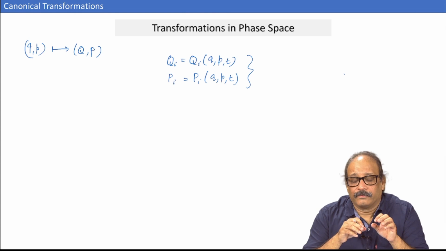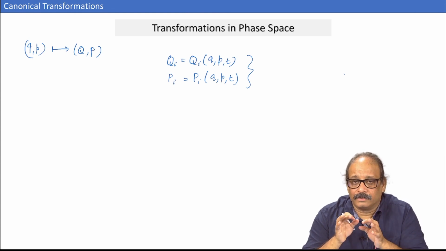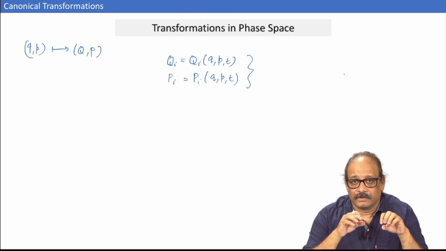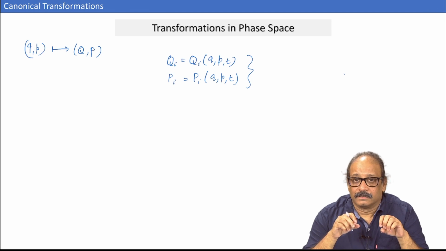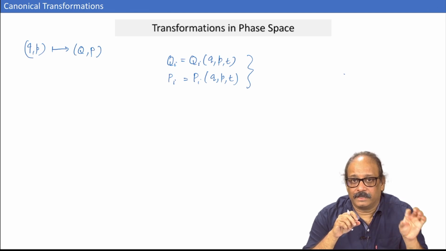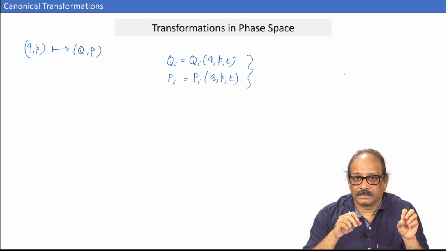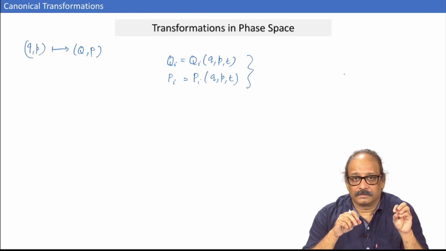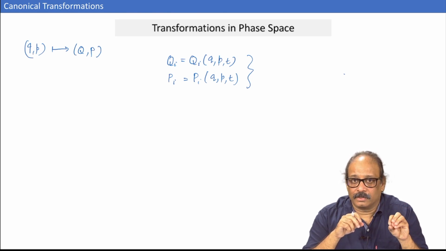You see, when I got the Hamiltonian from the Lagrangian, then if I make a coordinate transformation in the configuration space, of course my q and q dot change to s and s dot.